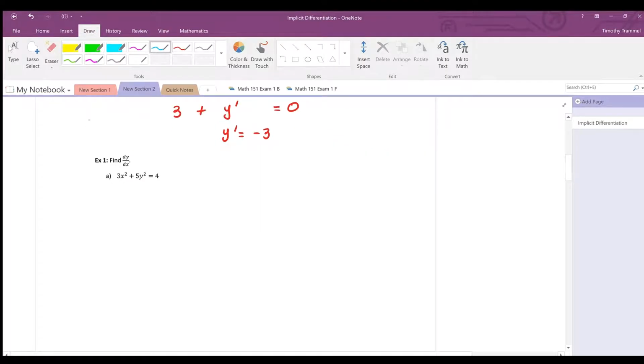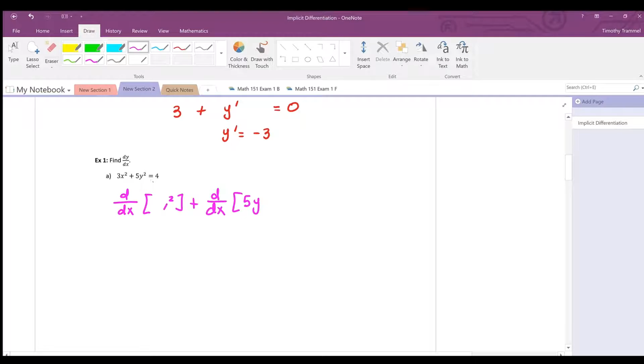So here's another one, and let's get started. Let's take the derivative of each piece. And you know what?